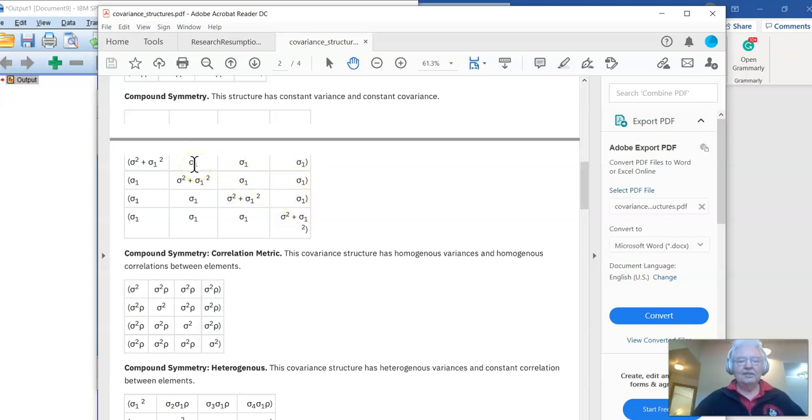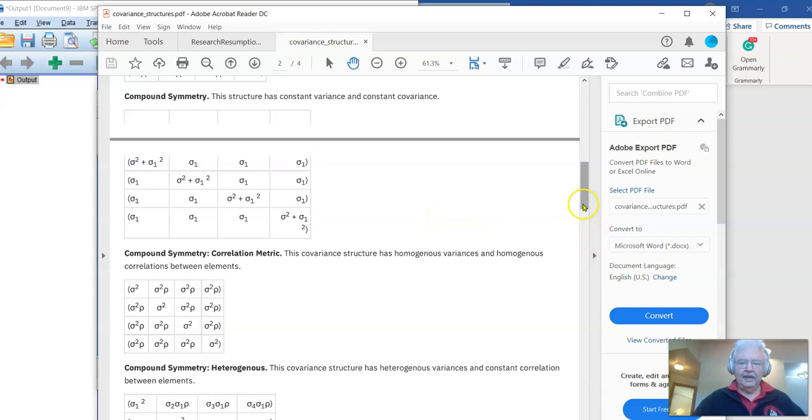They're greater than 0, but they're all the same. So 1 and 2 are the same as 1 and 3, as 1 and 4, and so forth. 2 and 3, 2 and 4, 3 and 4. So compound symmetry kicks it up a notch from the identity and the diagonal to saying there is correlation, but they're all equal.